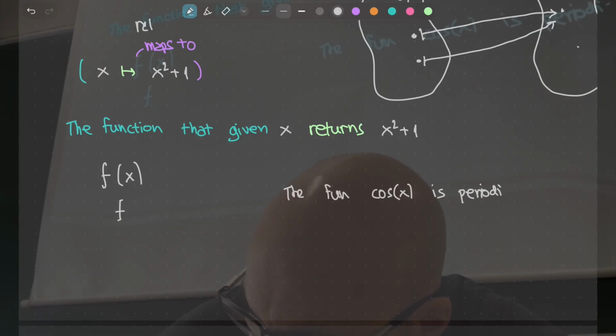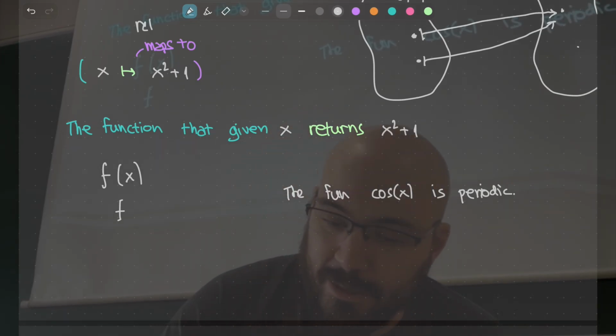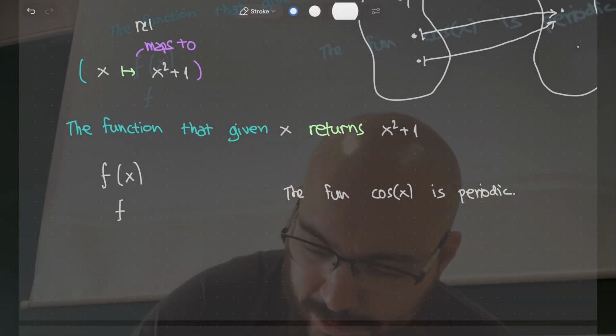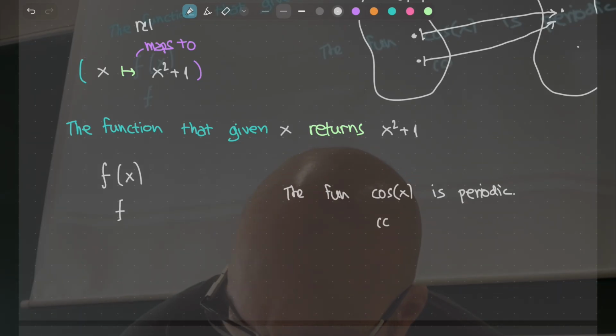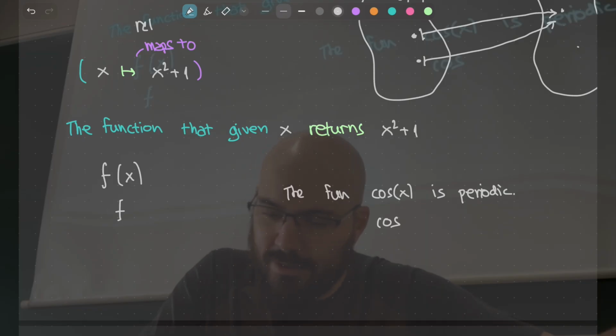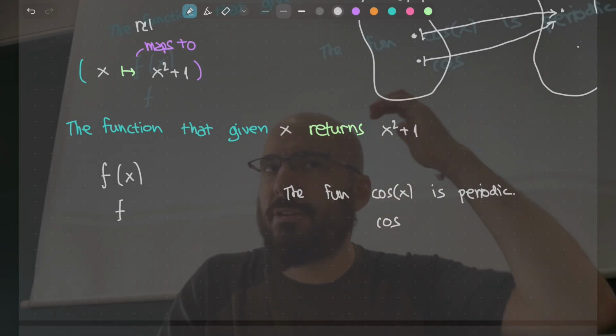Periodic. This doesn't make sense. I mean, we understand what we mean, but we don't mean that. We mean the function cos. Cosine is a function. The cosine of x, supposing it is something, is like, I don't know, a real number maybe, or a complex number.